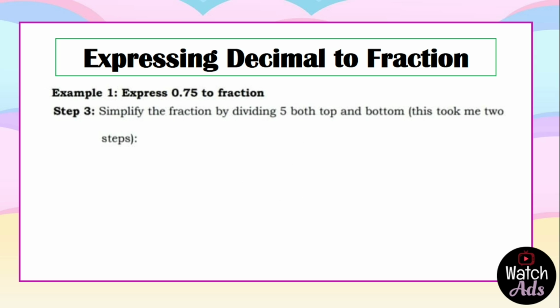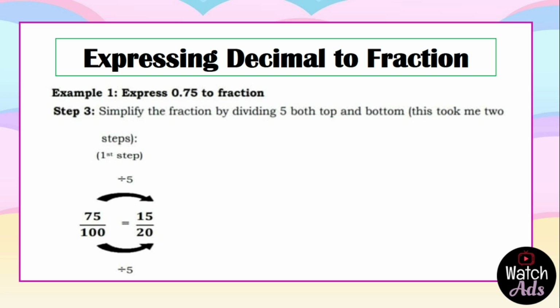Now for the third step, simplify the fraction by dividing by 5 both top and bottom. This took me 2 steps. Now 75 divided by 5 is 15, and 100 divided by 5 is 20. Again, you divide 75 hundredths over 1 by 5/5.